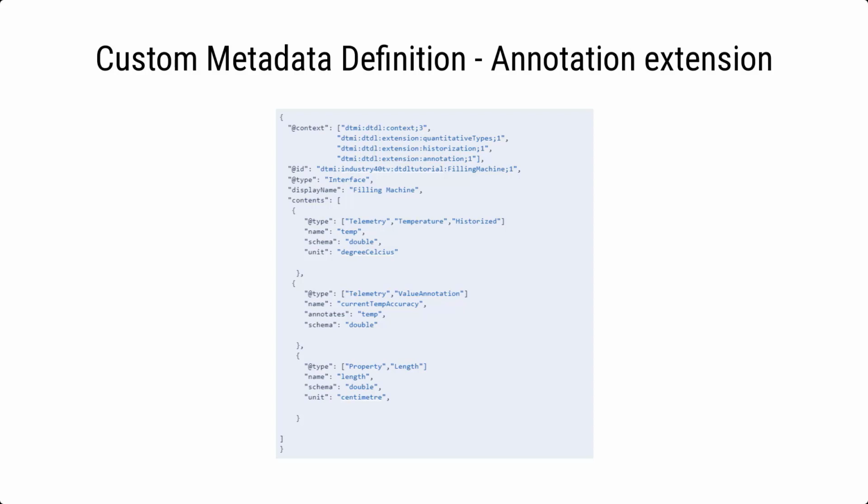Here is an example of how the accuracy of the temperature reading can be added to an example digital model. First, we have added the annotation context specifier, and then we have added a new telemetry element with value annotation type. The element specifies that it annotates the temp element. Its name is current temp accuracy, and it has a data type of double.